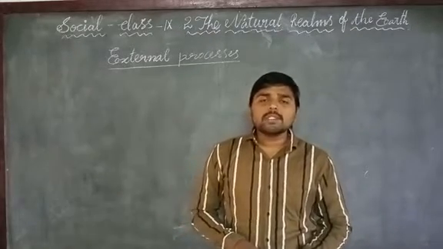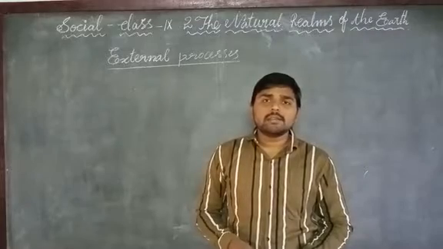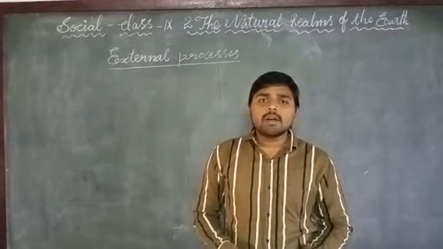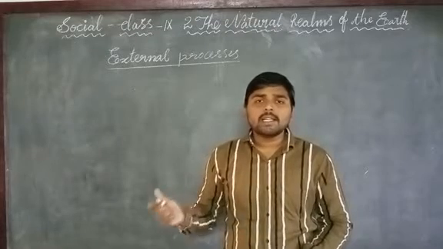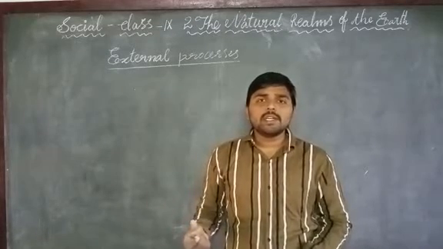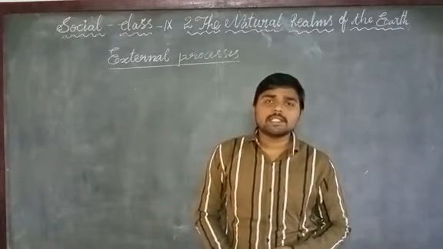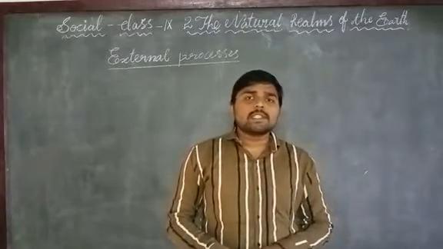The process of wearing away mountains and rocks from one place to another place, and the deposition of those mountains and rocks in another place, is called the external process.